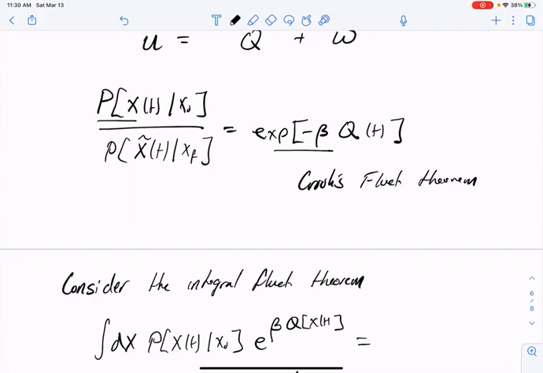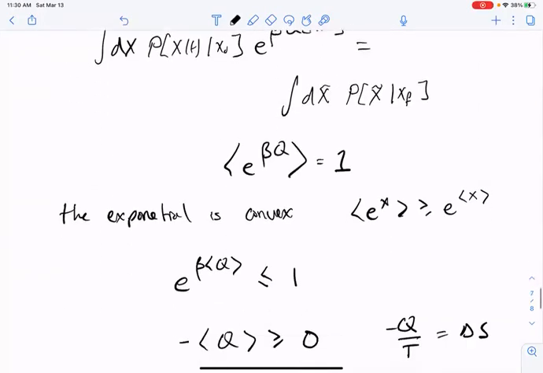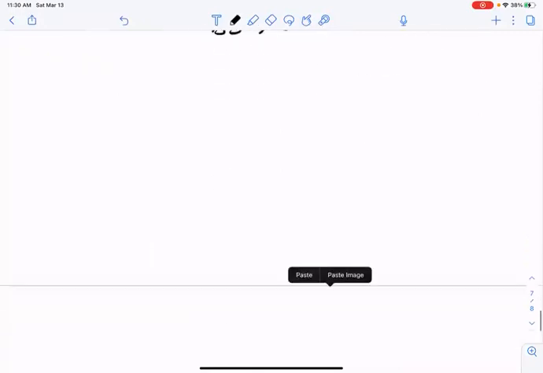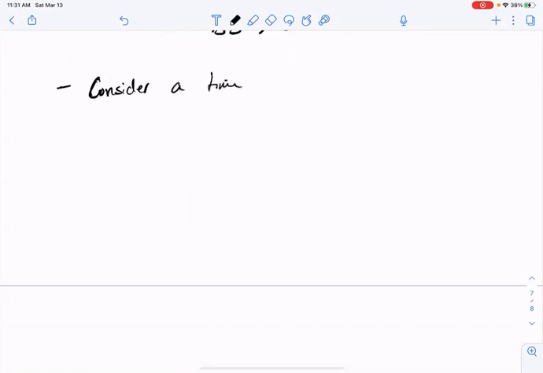With the Crooks fluctuation theorem, we can also prove another important identity. Consider a time-dependent force that follows a specific protocol.